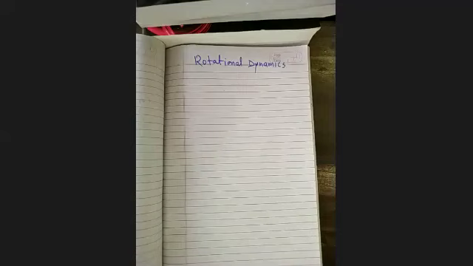Because in different competitive examinations, at least 1 to 2 questions are supposed to be there. So that's the reason why this is quite an important chapter.